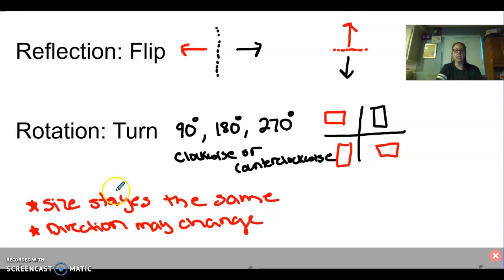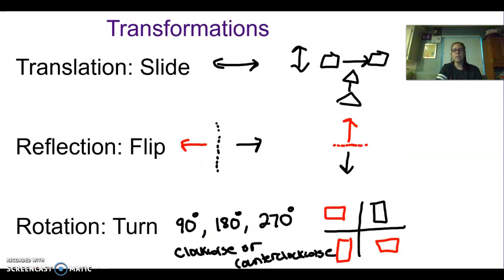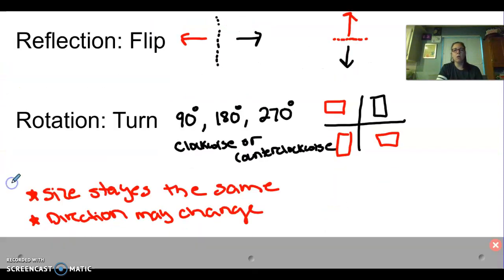The direction doesn't change on this first one up here. If we have an arrow and we move it to the right, it's still going to be pointing to the right because we didn't flip it or turn it or anything like that. Okay, so the size stays the same. You won't be till next year when you work with dilations that it'll get smaller or larger, but we're not doing that.